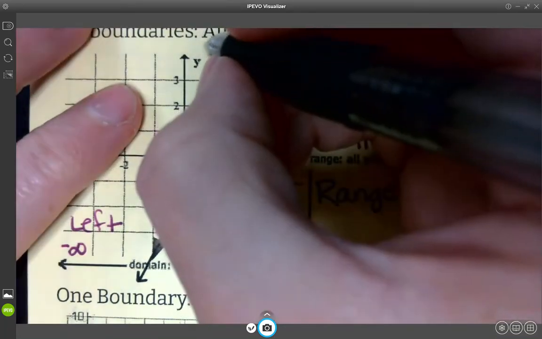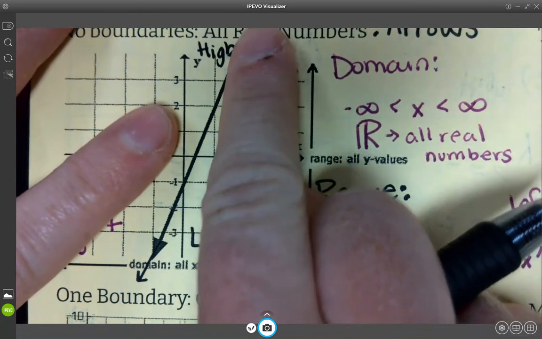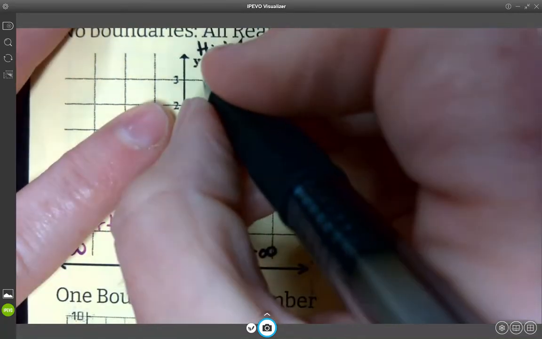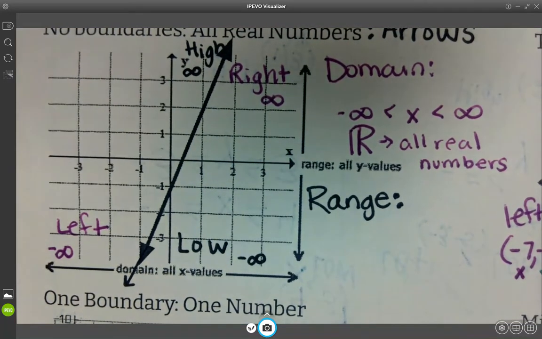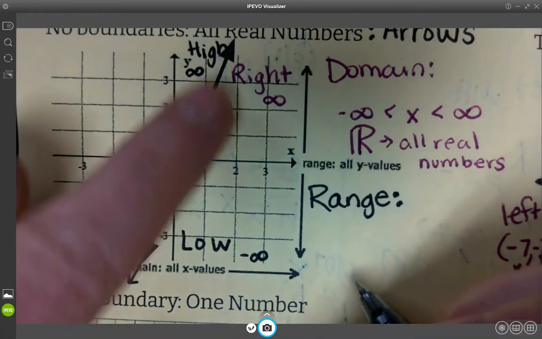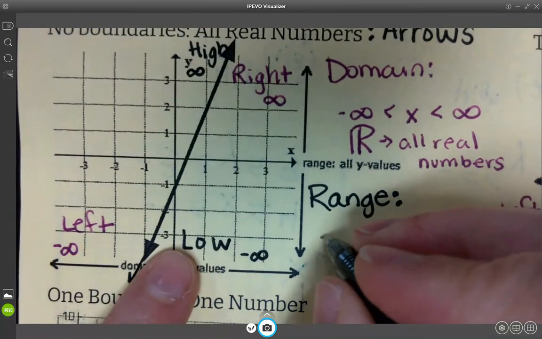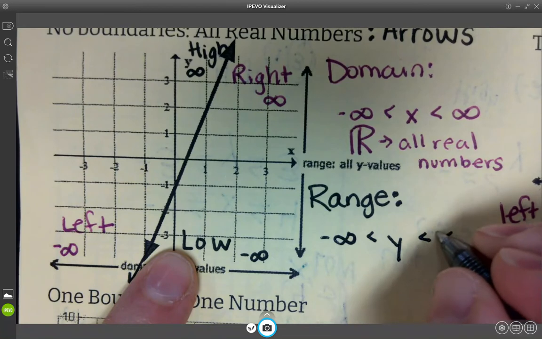And then high, it's going to go on and on forever, up, up, up, up, up. So it's going to be positive infinity. So our range is going to be low to high. Low is negative infinity. Less than y is less than positive infinity.